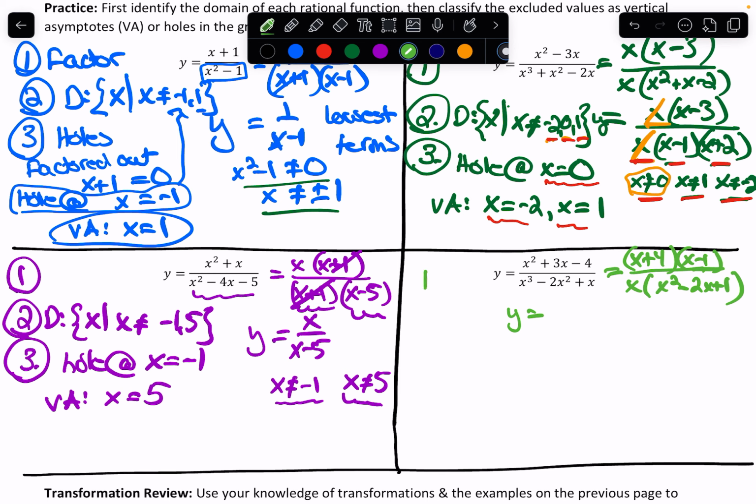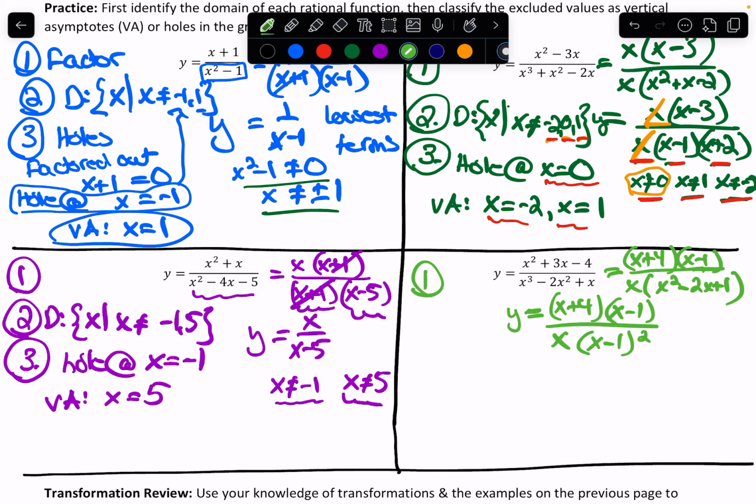So we are doing the first step here. The numerator is x plus 4 times x minus 1. The denominator is x, and then we can factor the x squared minus 2x plus 1 to x minus 1 squared.